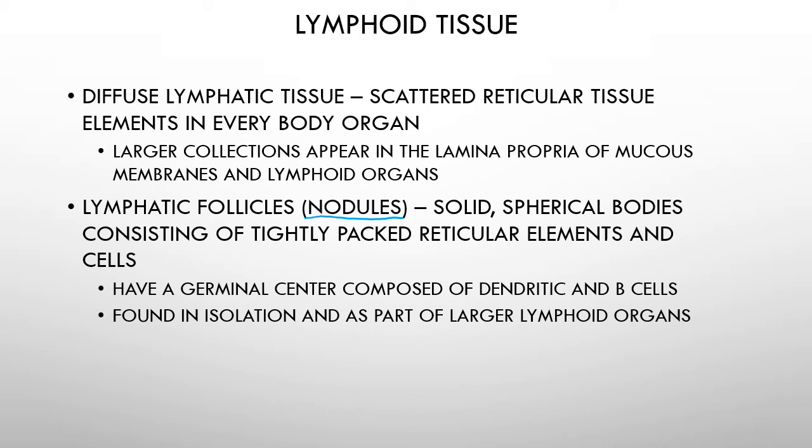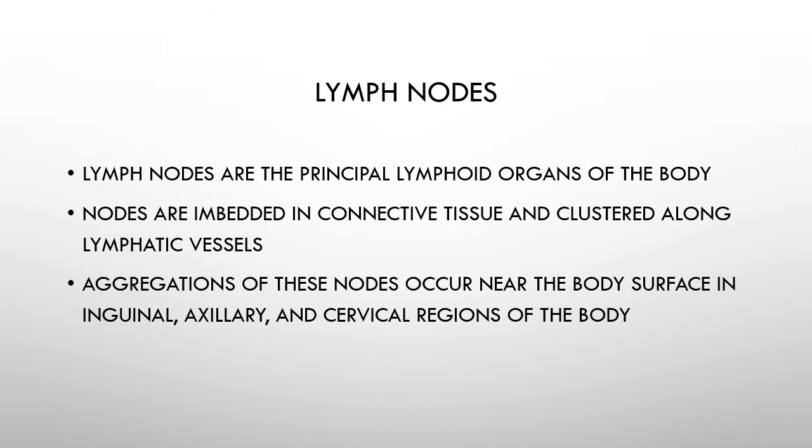But we also have lymphoid tissue that is what we call diffuse lymphatic tissue. This can be things like MALT, mucosa-associated lymphatic tissue. Basically we have this reticular tissue that forms things like our tonsils and things inside our digestive tract to be able to catch things before they get too far into the system.